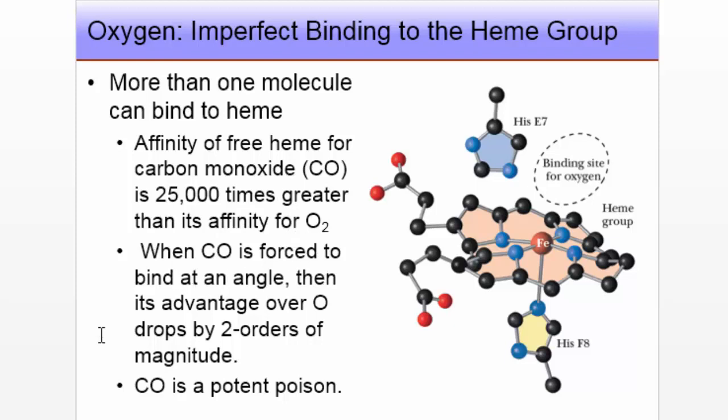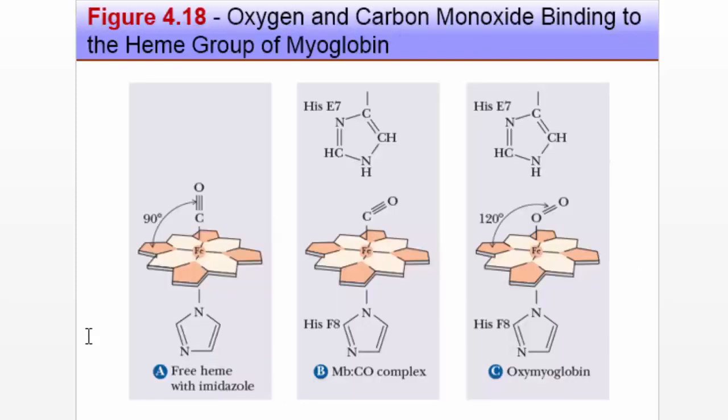When CO is forced to bind at an angle, its advantage over oxygen drops by 2 orders of magnitude. CO is a potent poison.